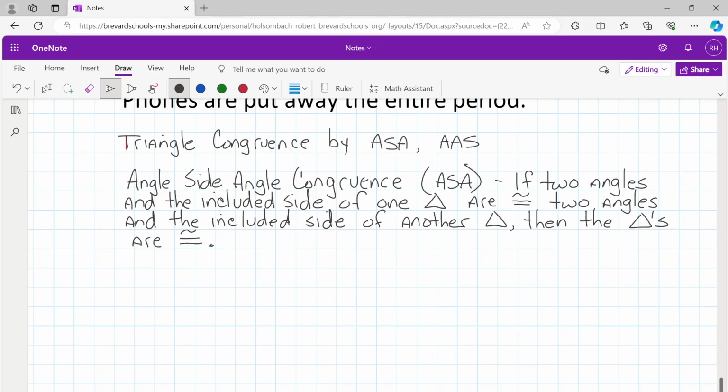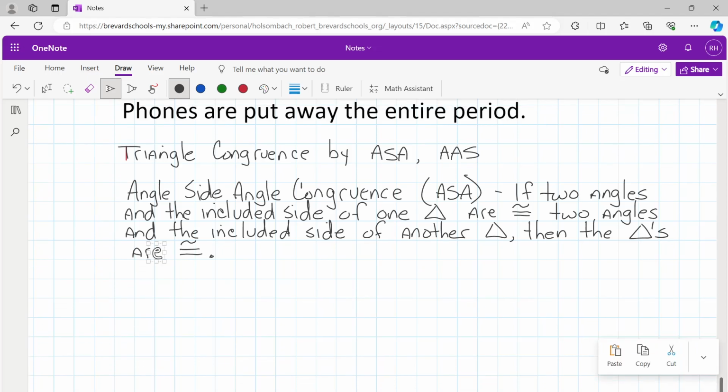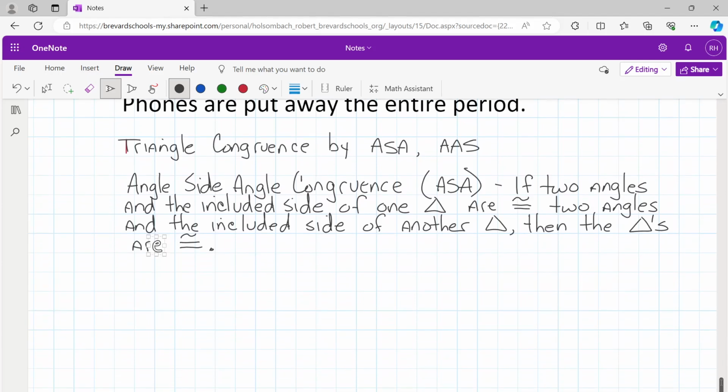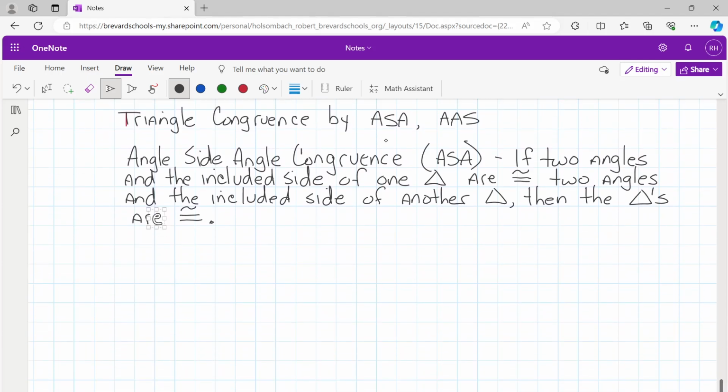Angle side angle. If you look at the abbreviation, ASA, angle side angle, the S is in between the two A's. That means the side has to be touching the two congruent angles.